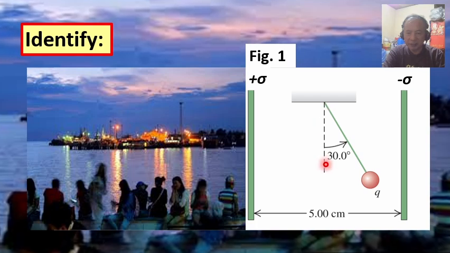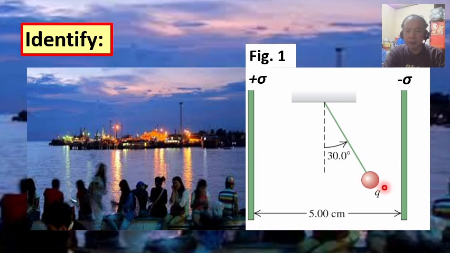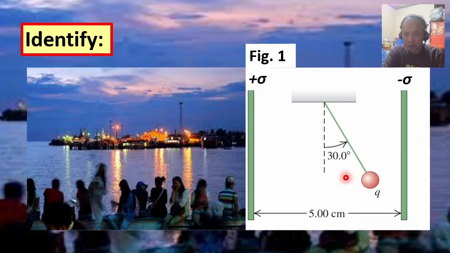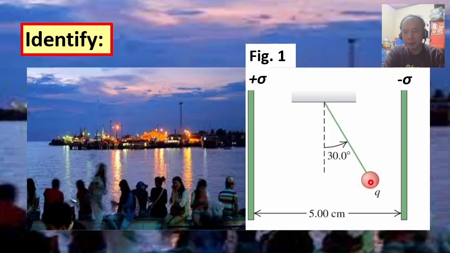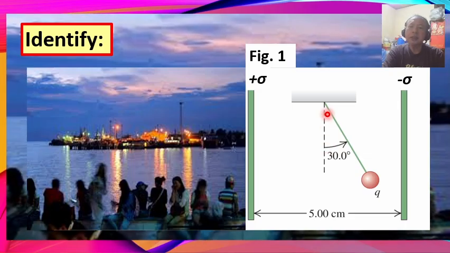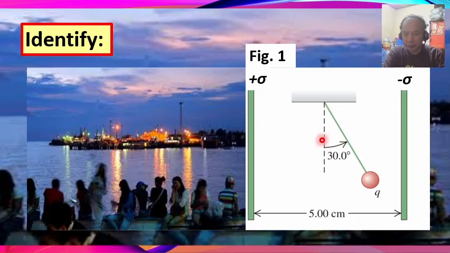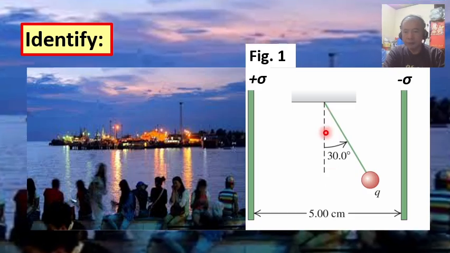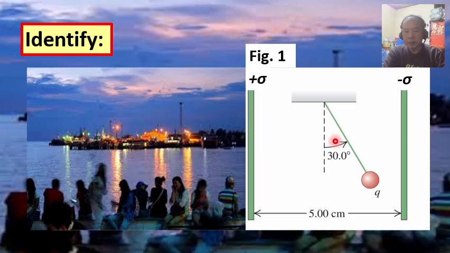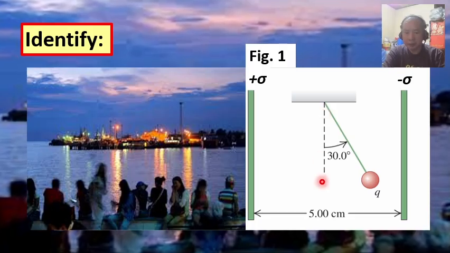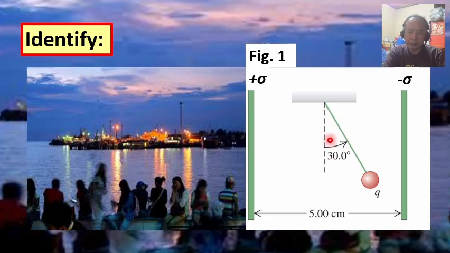So initially, the charged sphere is at its stationary position. In other words, it doesn't make any angle theta from the vertical.